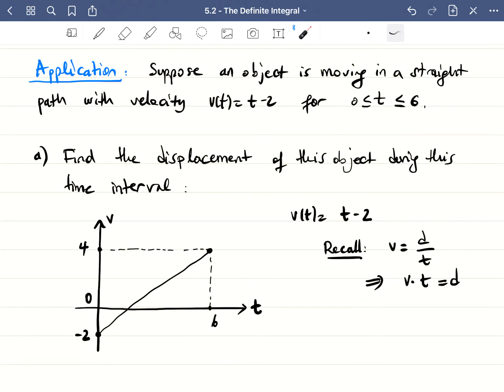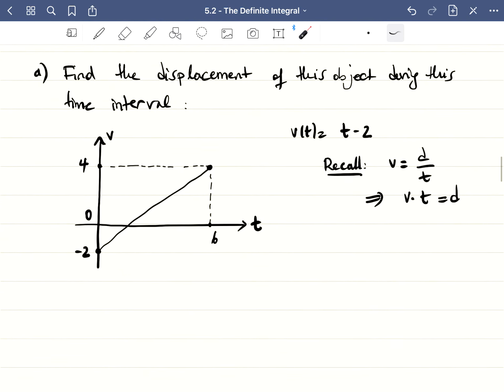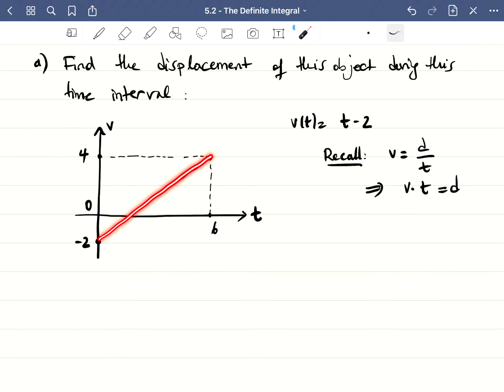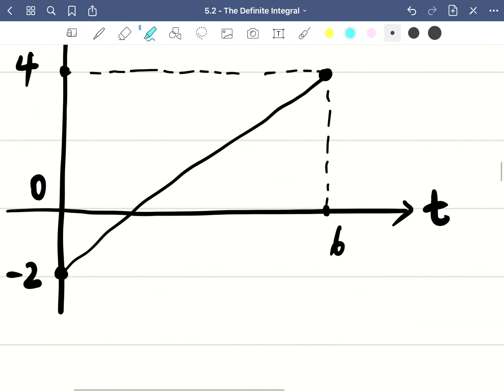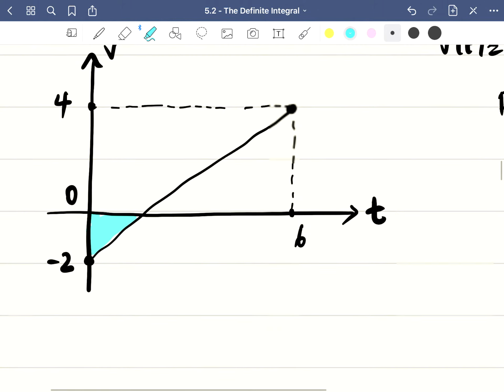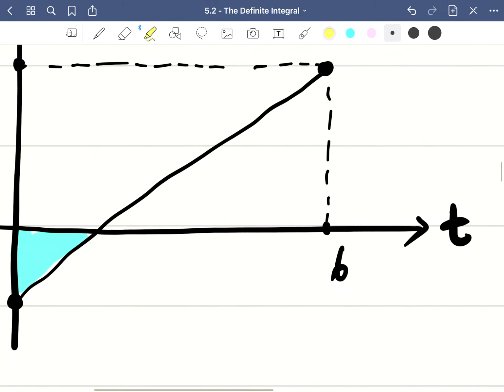But if you multiply v by t, you find areas in this graph. So this is basically talking about the area between this line, which is the graph of the function, and the t-axis in this case. So basically we're talking about this area right here and this area right here. So let me highlight them. I'm going to use these colors again. Let me use yellow for this other one.